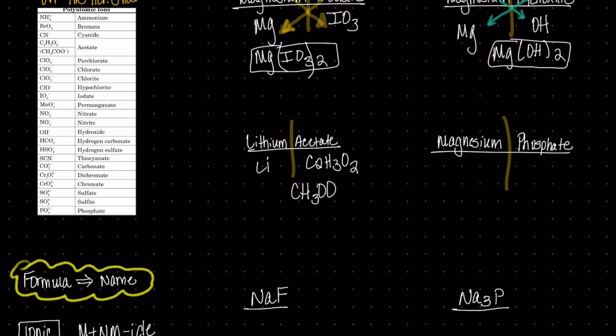Live your best life. These are the same. I just like the condensed one because less writing. It makes things look less messy. And my periodic table says that lithium is a +1 oxidation state. Acetate is a -1. Drop and swap, and reduce if possible, of course. Let's see. Dropping and swapping.